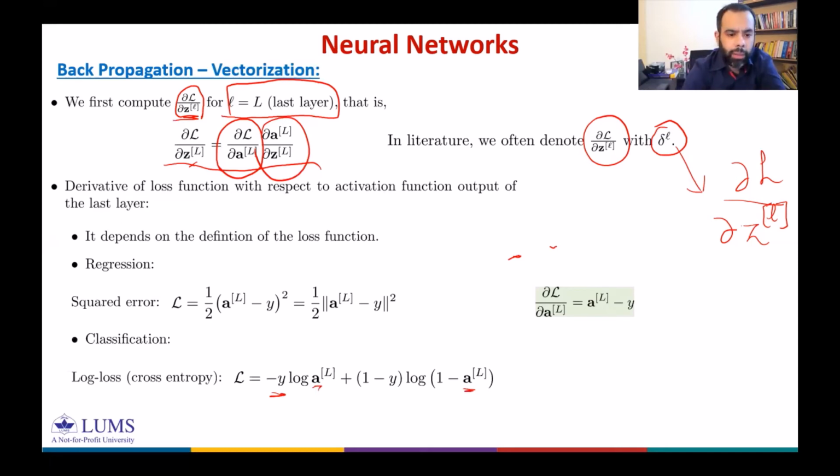You take the derivative of this with respect to A^L, you get a simple representation which is minus Y over A^L minus 1 minus Y over 1 minus A^L. Okay. So we have computed the derivative of the loss function with respect to the output of the final layer for both squared error and log loss.